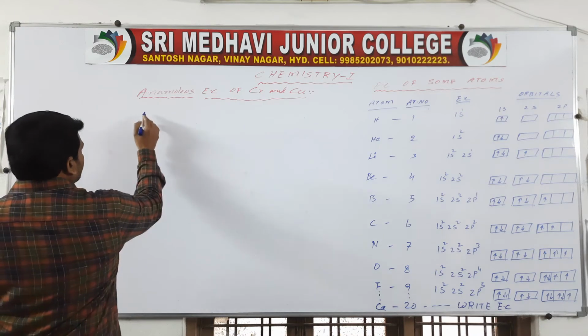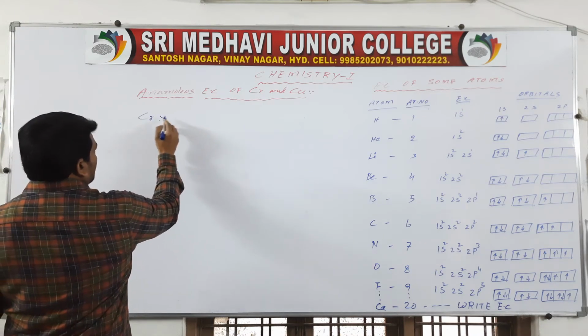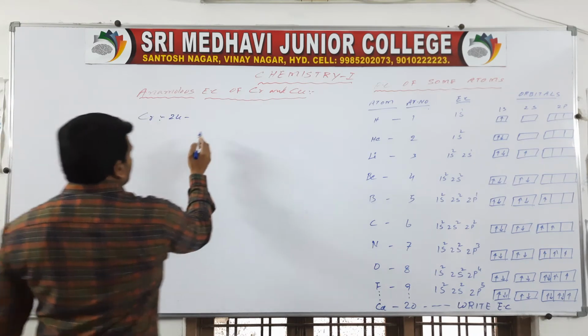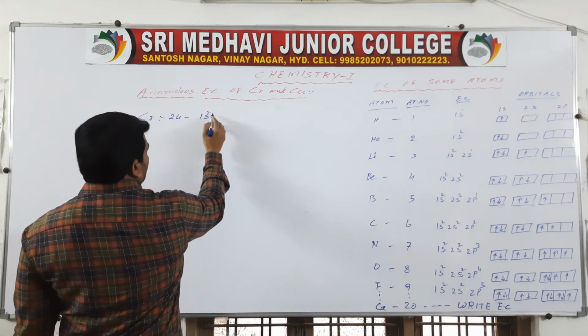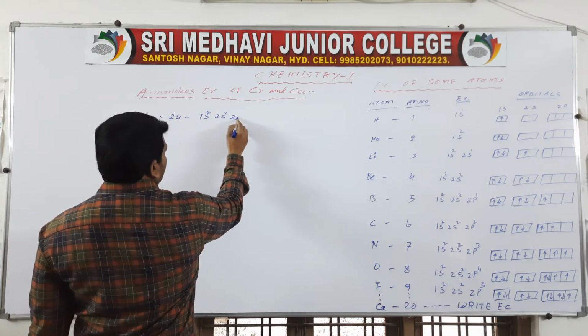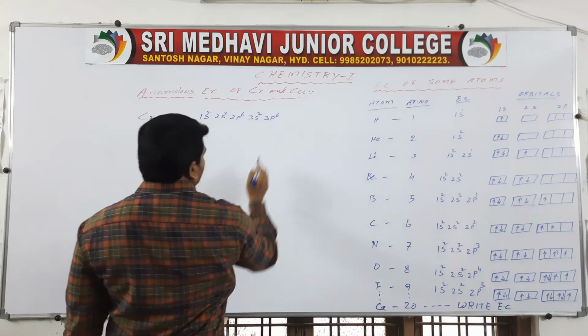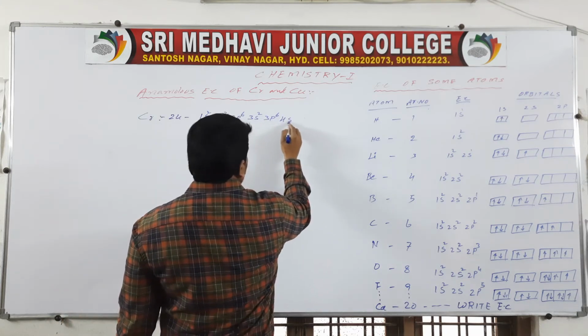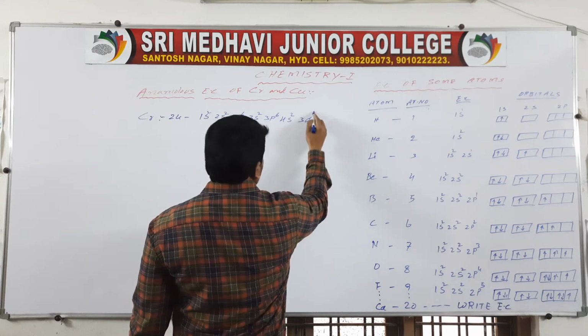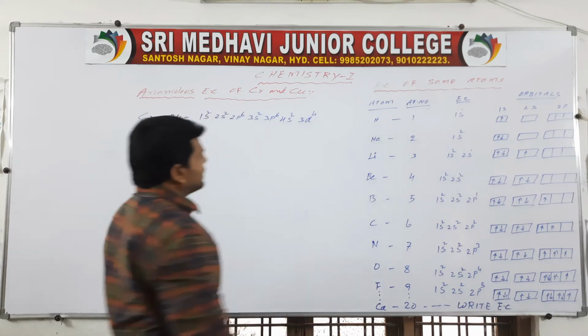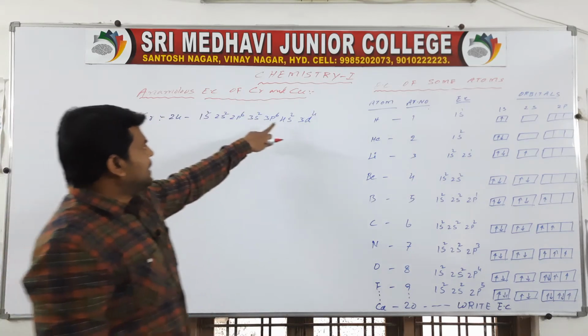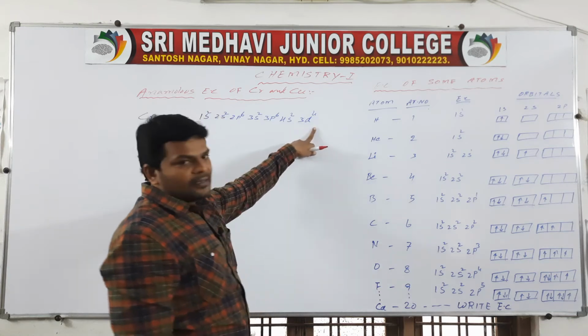See here, chromium, atomic number 24, electronic configuration 1s2, 2s2, 2p6, 3s2, 3p6, 4s2, 3d4. 10, 10 plus 10, 20, 20 plus 4.